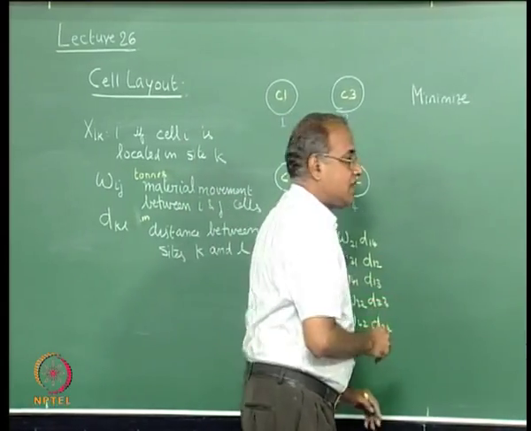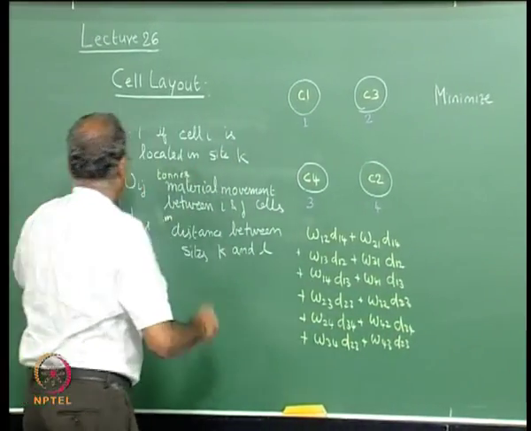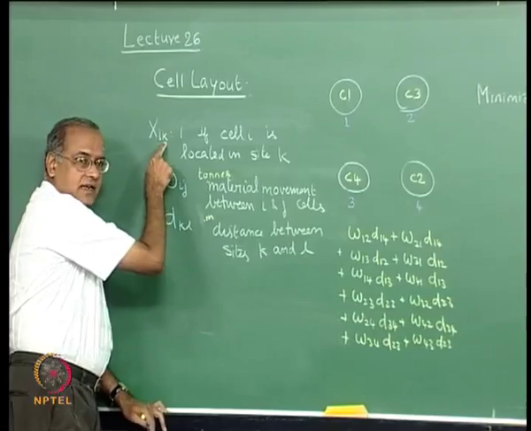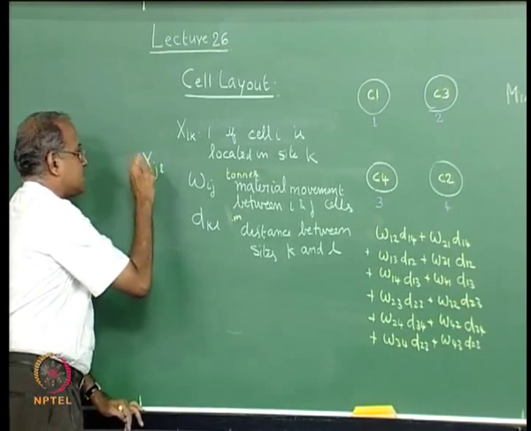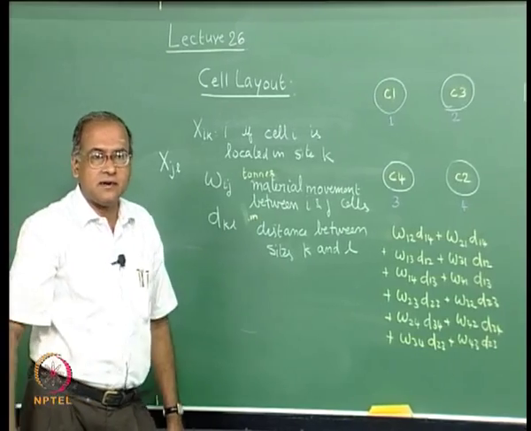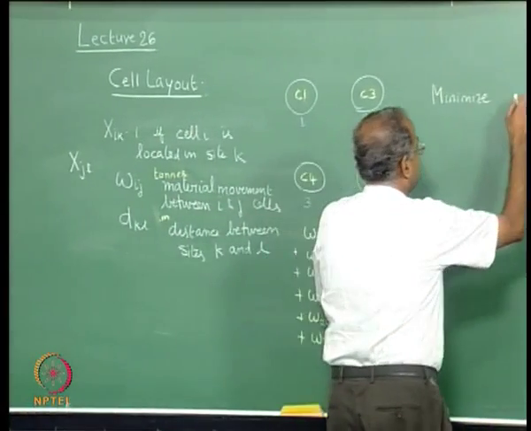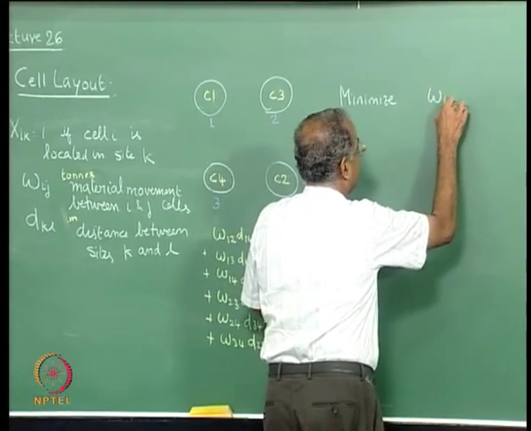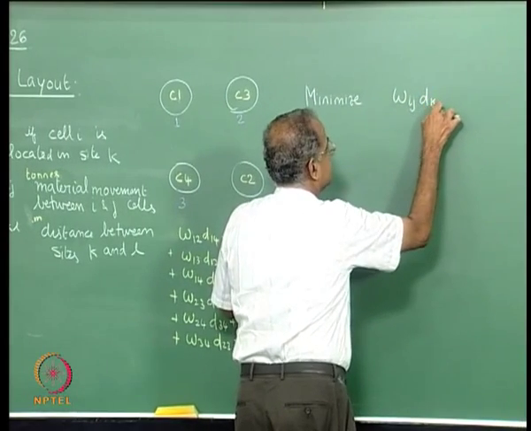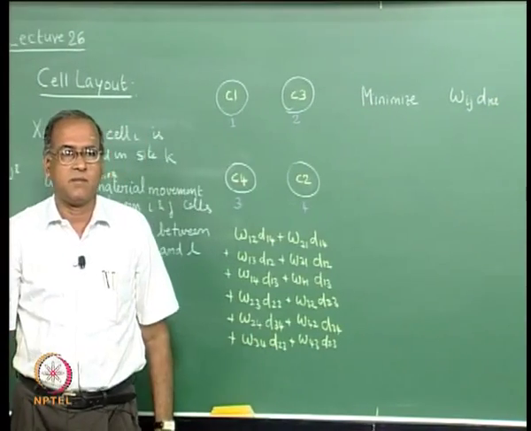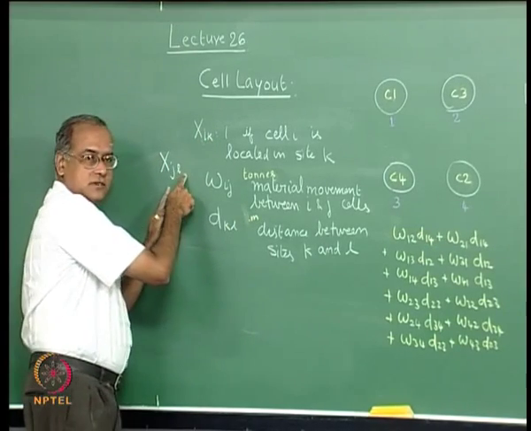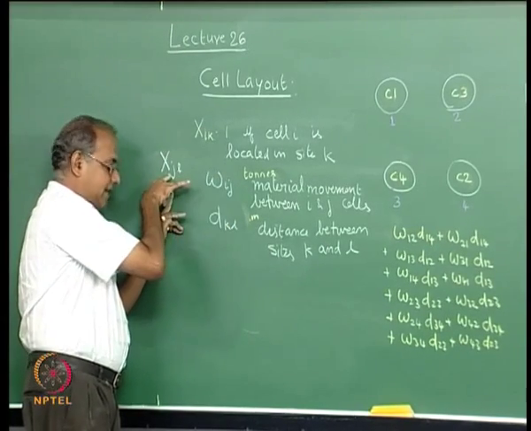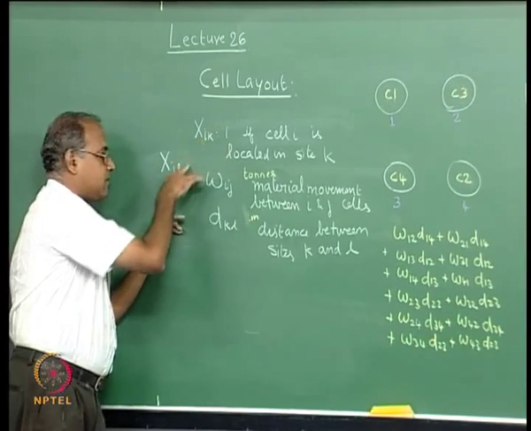So, if facility i is assigned to site k and facility j is assigned to site l, then the amount of movement is wij and the distance is dkl. I goes to k, j goes to l, material movement is i to j, distance is k to l.